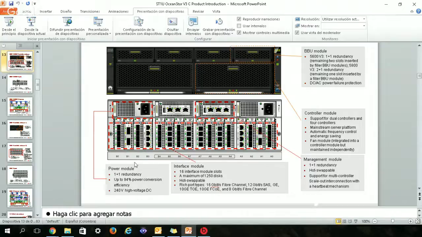So B0 and B2 are fiber channel, B3 is Ethernet, and B5. So B0, B2, B4 are fiber channel. This is for SAS.